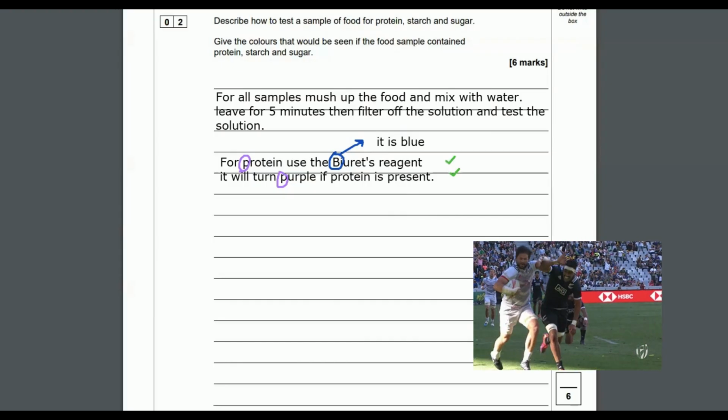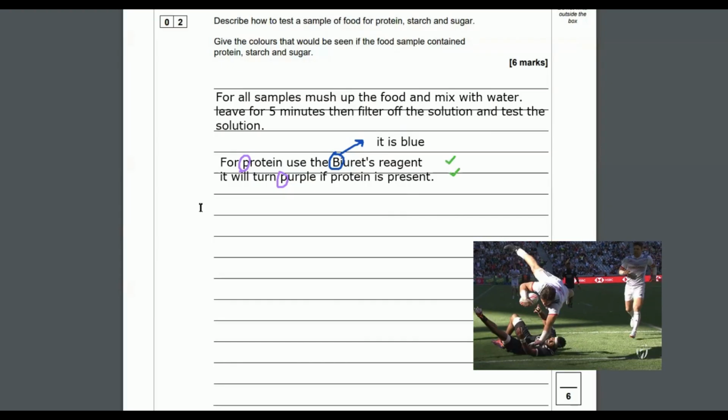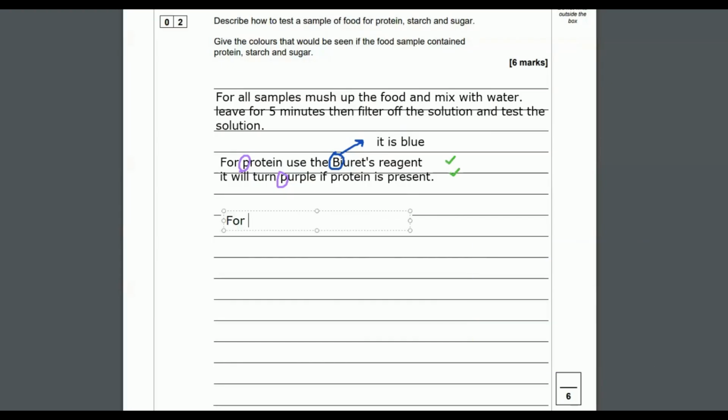Bish bash. Now let's look at the starch. For starch, use iodine. It goes from orange. They'll give you the mark if you say that iodine is orange or brown. It kind of looks like henna when you get henna tattoos.